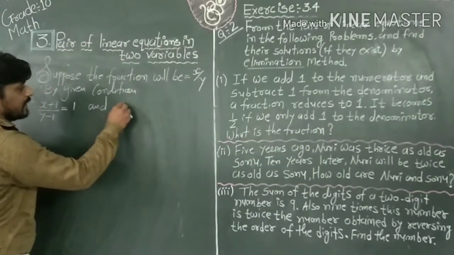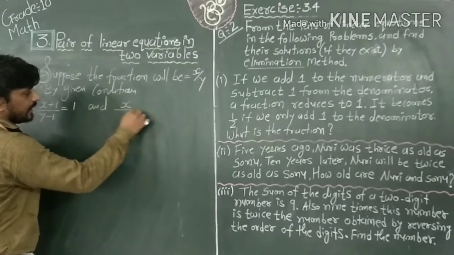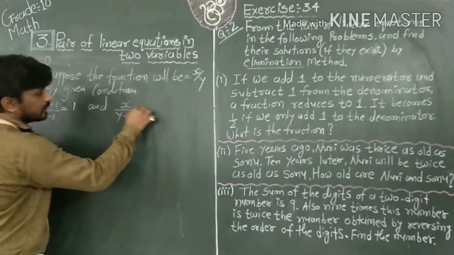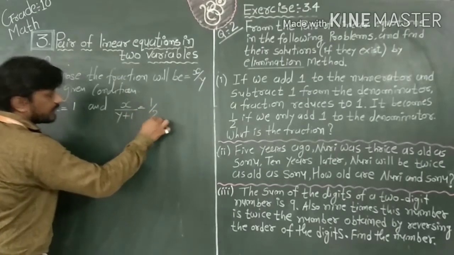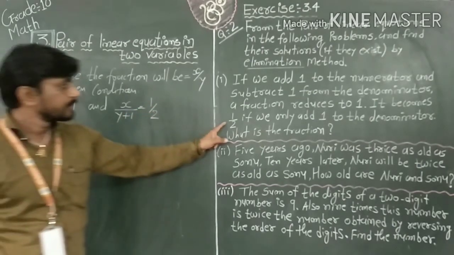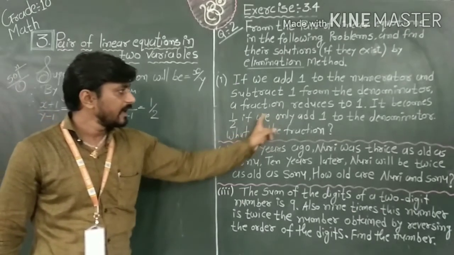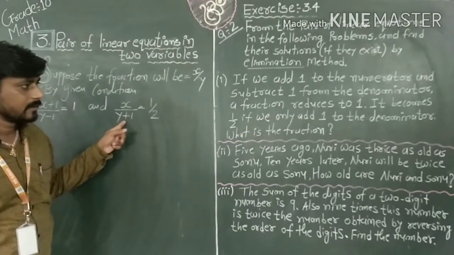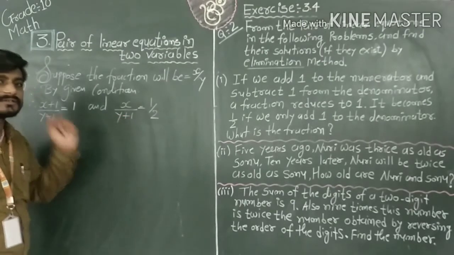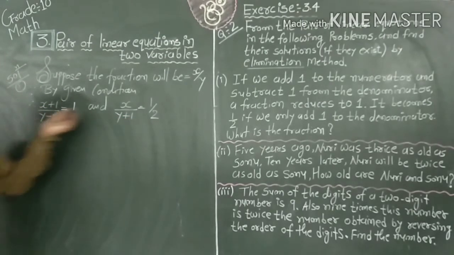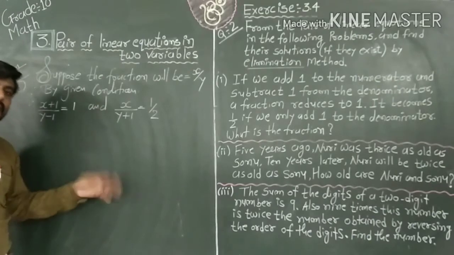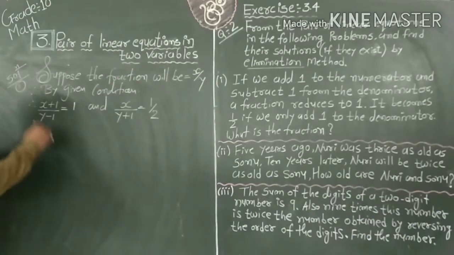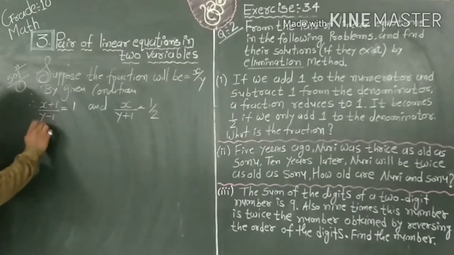That means x as it is, and we add 1 to the denominator, the fraction will be 1/2. Now this is our equation number 2. Now first of all we simplify both equations and after that we solve by elimination method. It's easy. Now cross product.